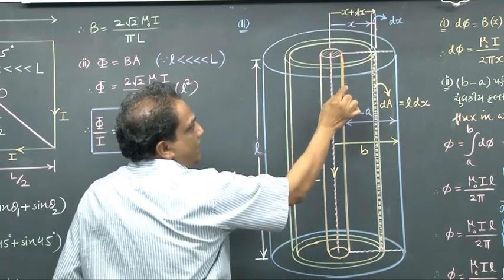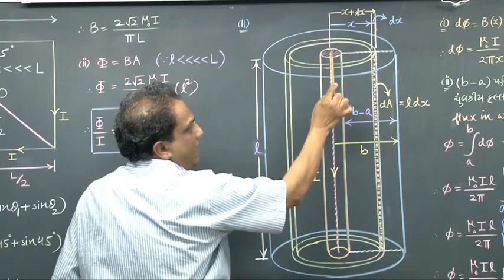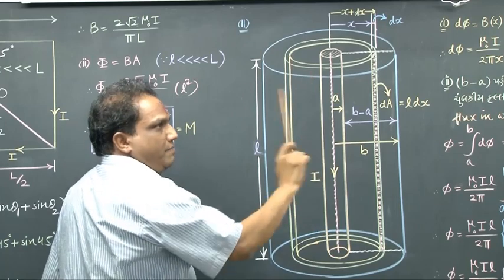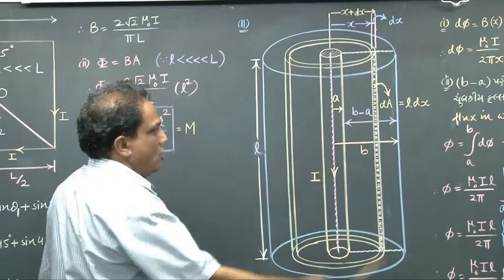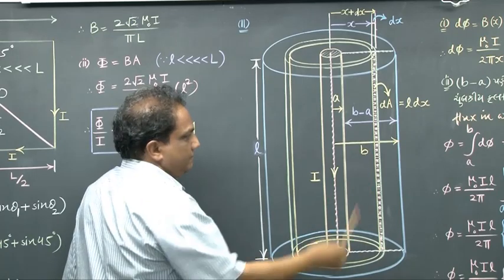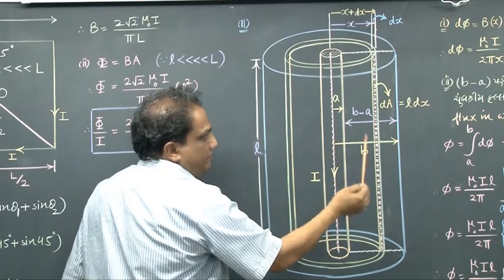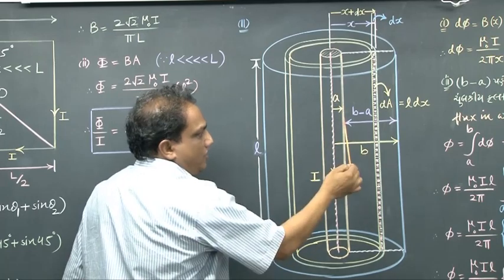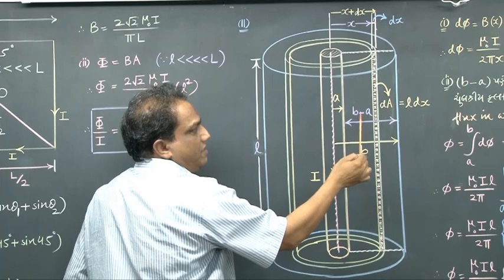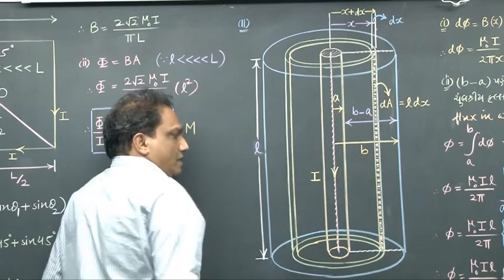Here we have a thin wire having radius small a, which is surrounded by a thicker wire of radius small b. Now tell me from the figure, if this much is b, this much is a, what is this much? This much will be b minus a, fine.